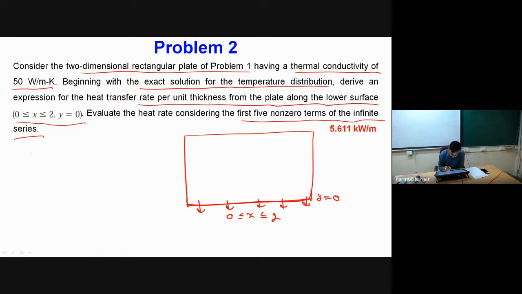See, the heat transfer vector will be normal. So if you see, this bottom face has what type of boundary condition? Fixed temperature boundary condition. Yes, sir. So it means this bottom face is nothing but an isotherm.